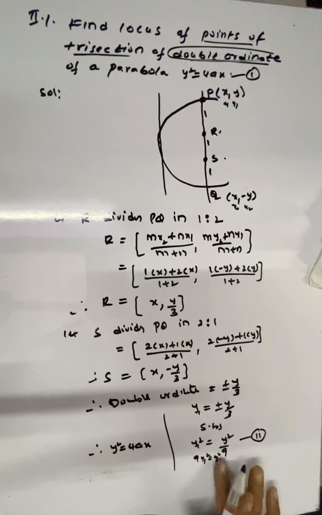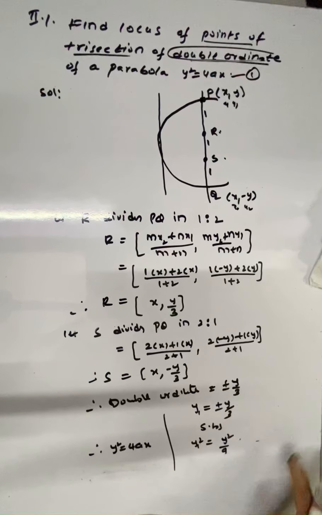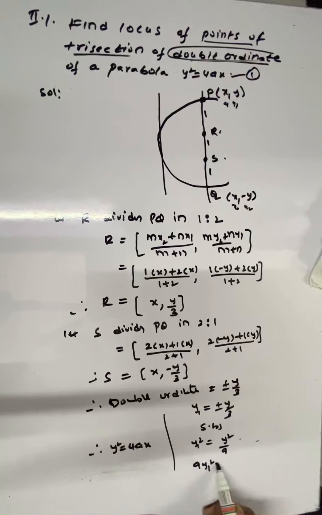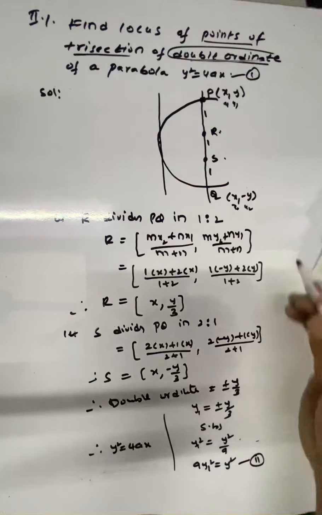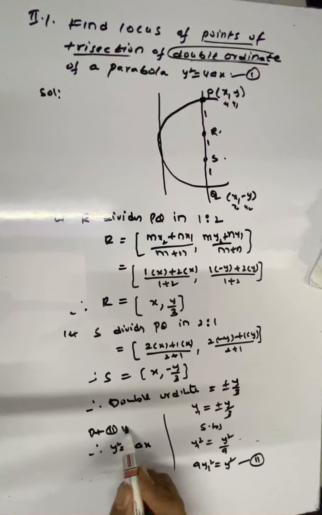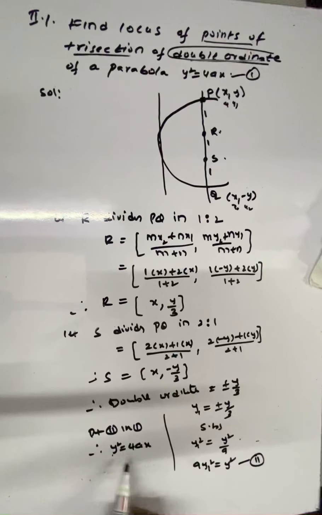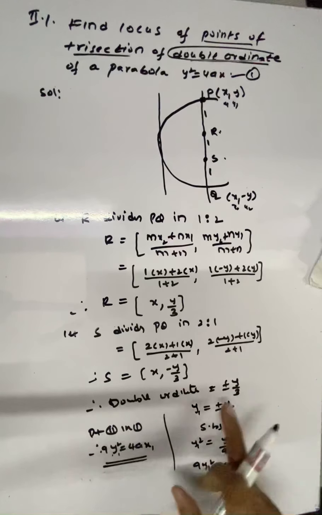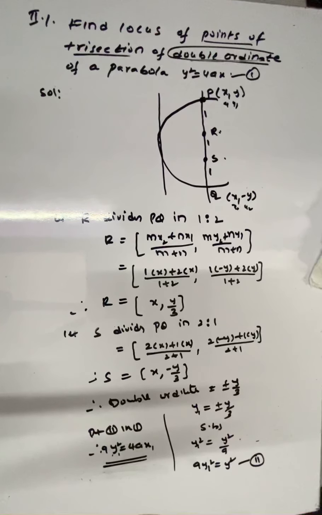Put second in 1. Here we have 9y1 square equals y square. So if we substitute second in 1, this y square becomes 9y square equals 4x1. So this is the value, or you can leave it up to this, the double ordinate plus or minus y by 3, also you can leave.